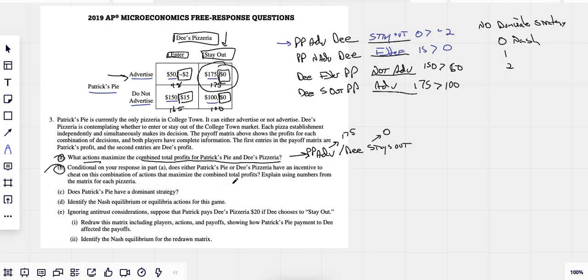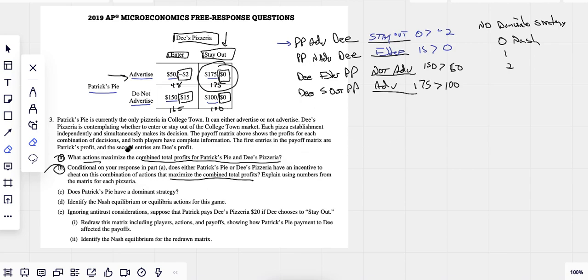Conditional on your response in part A, does either Patrick's Pie or D's have an incentive to cheat on this combination of actions that does maximize the combined total profits? Explain using numbers from the matrix for each party. All right, so let's make sure we understand what we're doing here.